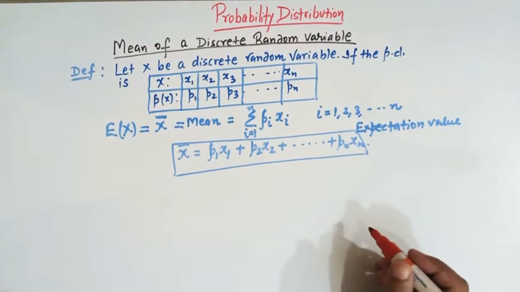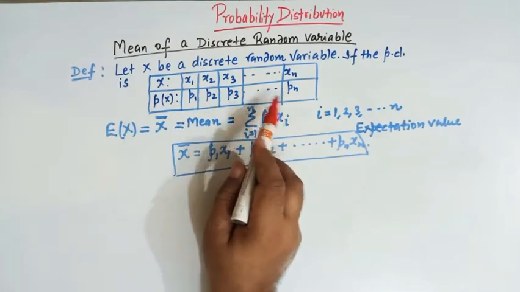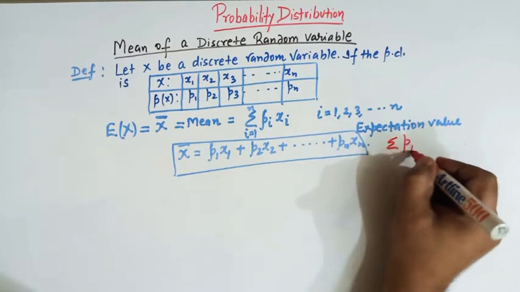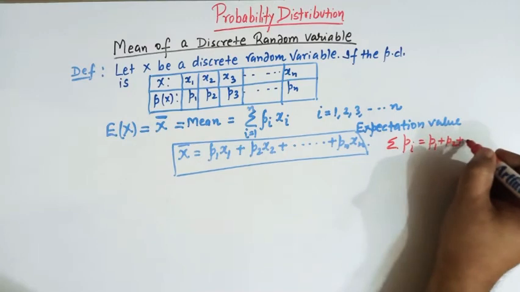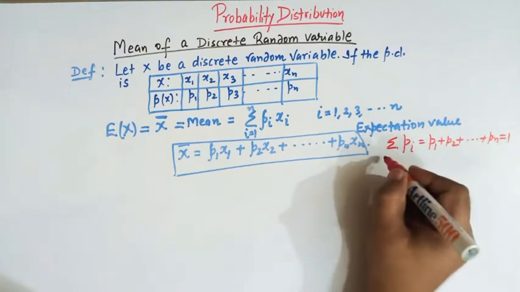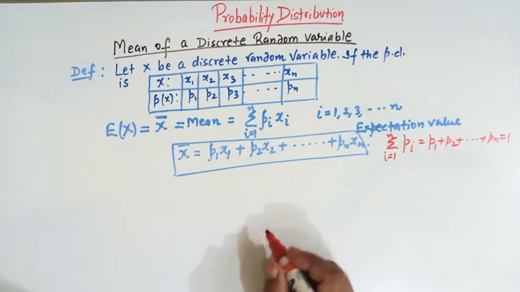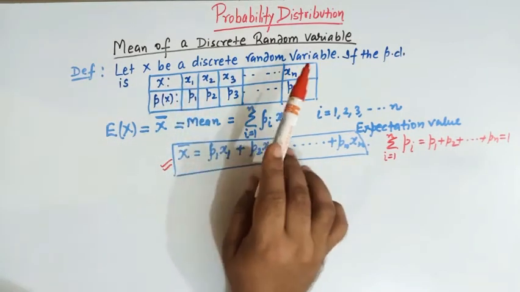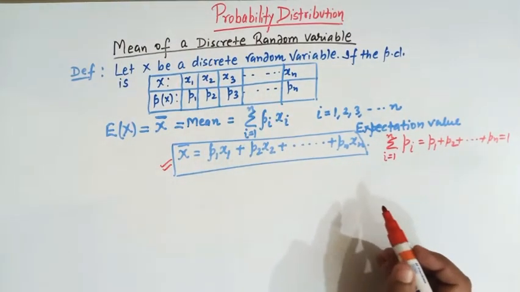Now here one important thing is that the sum of all the probabilities, that is p1 plus p2 up to pn, is equal to 1, where i takes the value from 1 to n. Clear? So this is the formula for finding out the mean of a discrete random variable. Now let us do some problems.